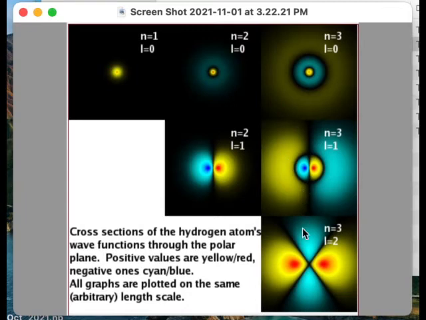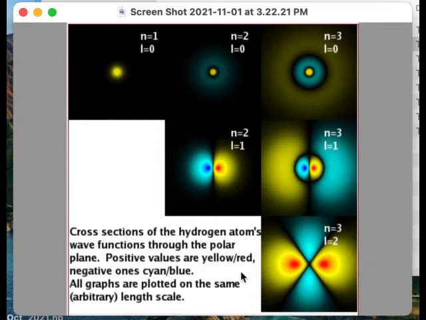And here's n equals 3, but L equals 2. Now it's more of a quadrupole shape. It has sort of 4 poles and a more complicated nodal structure, the nodes being the regions where the wave function is 0. So here, I guess it says positive values of the wave function are yellow and red.